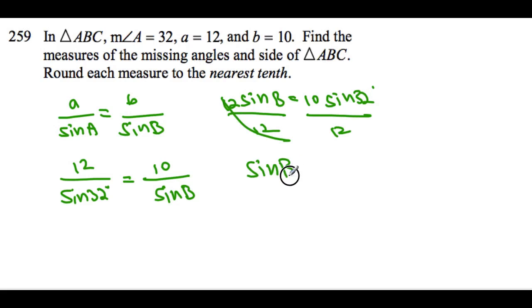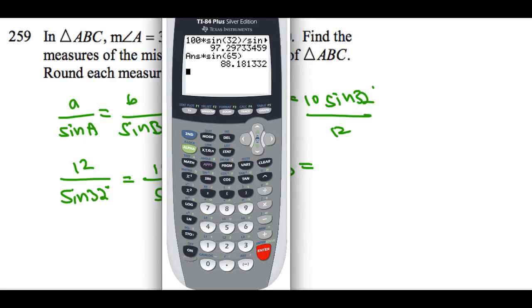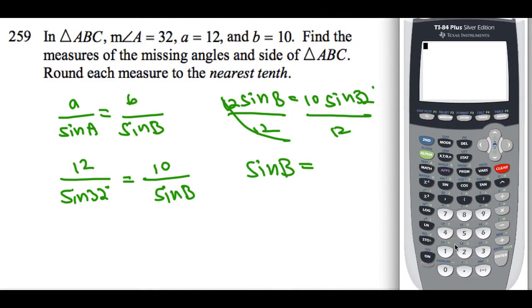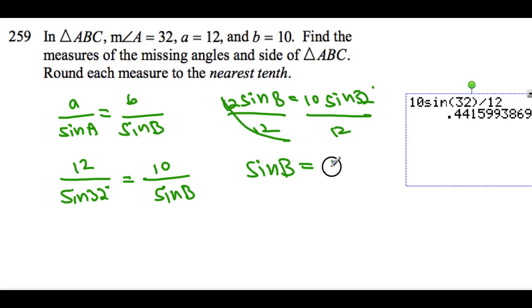Sine of B must be equal to this value, which I'm going to calculate: sine of 32, then divided by 12. That's the value that we end up getting, 0.4416.